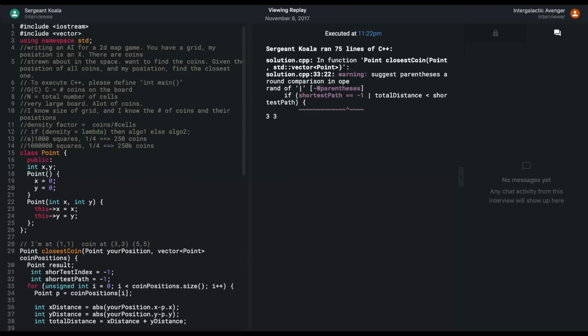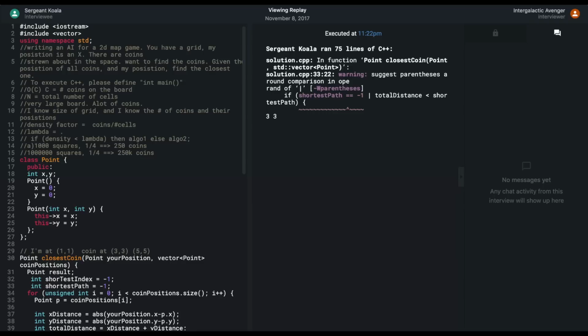Okay. So I've got the density is less than lambda. Let's say lambda is something like 0.8, whatever it happens to be. And then I want to think about the absolute cost of the naive algorithm, and figure out the absolute cost for a given size of the breadth first search algorithm.